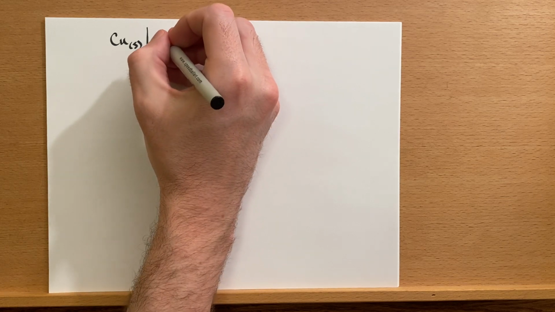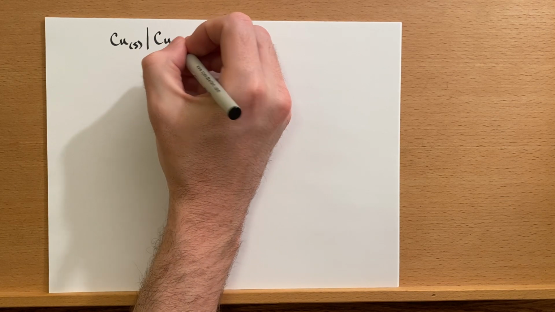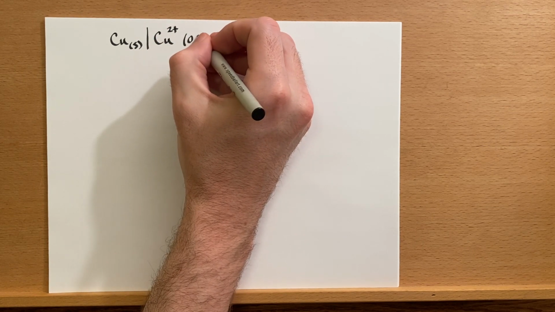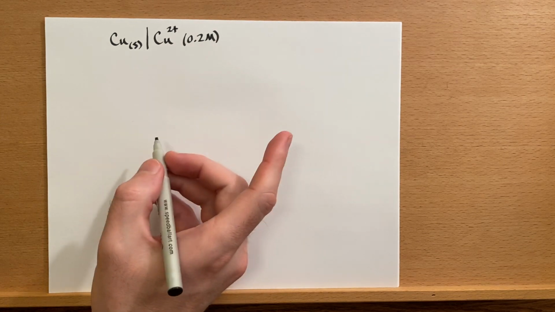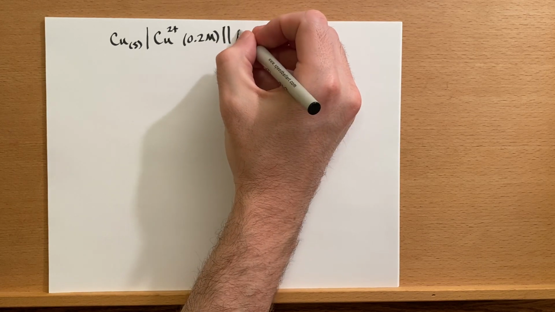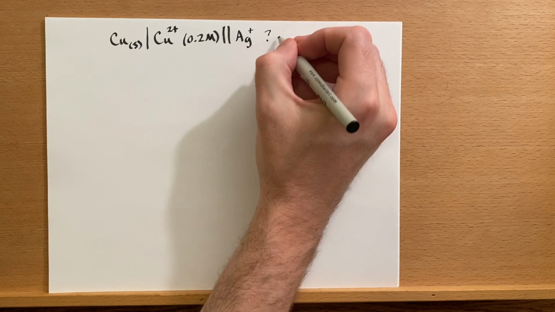And we're going to keep the copper side of our cell the same. Same concentration, 0.2 molar, so we don't have to repeat that calculation. But in this case, we will have an unknown amount of silver.